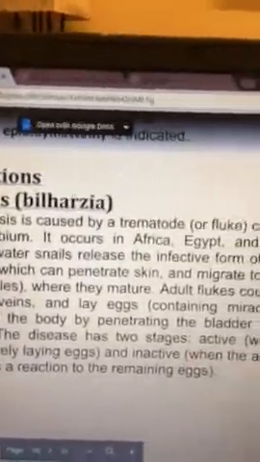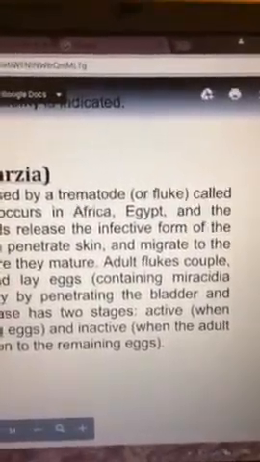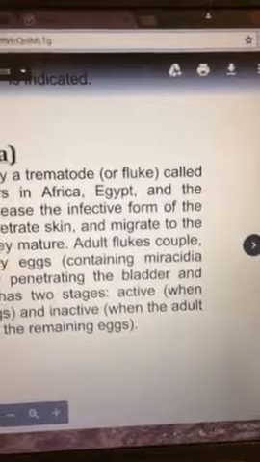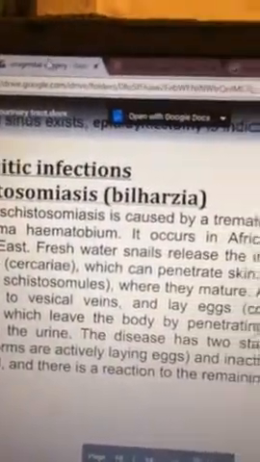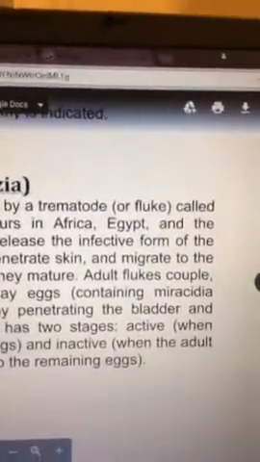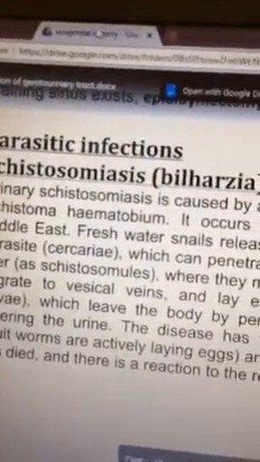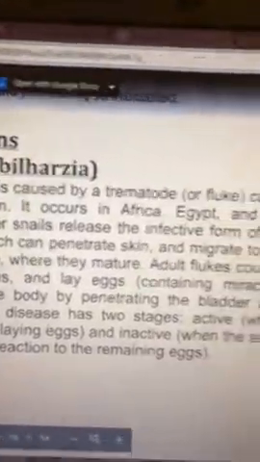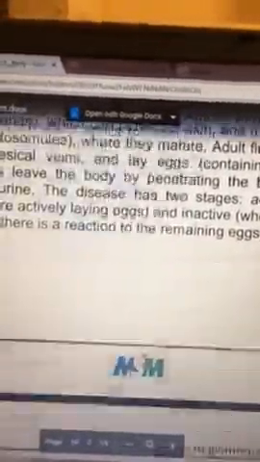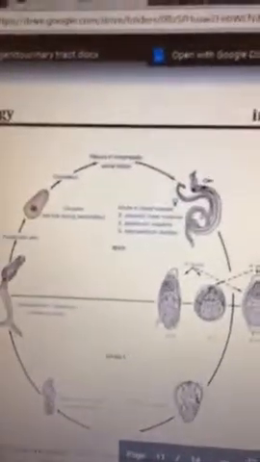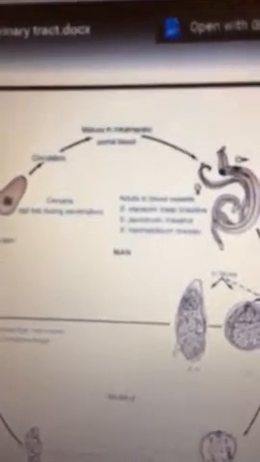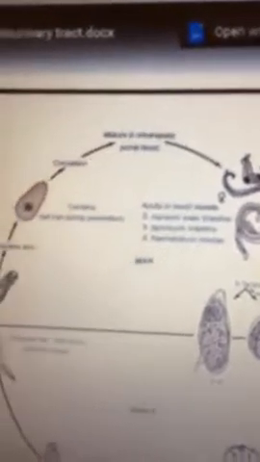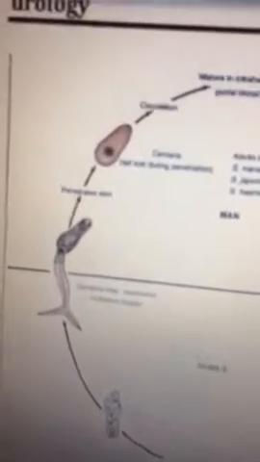The disease has two stages, active and inactive. The active one is when the adult forms are actively laying eggs, and inactive is when the adults have died and there is a reaction to the remaining eggs. This is the cycle of the schistosoma life.